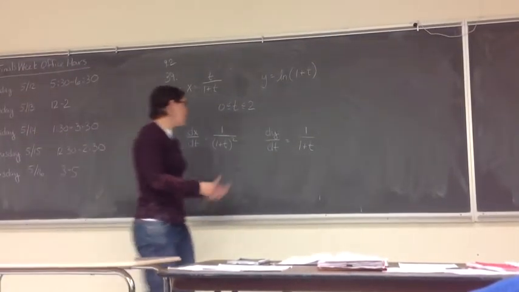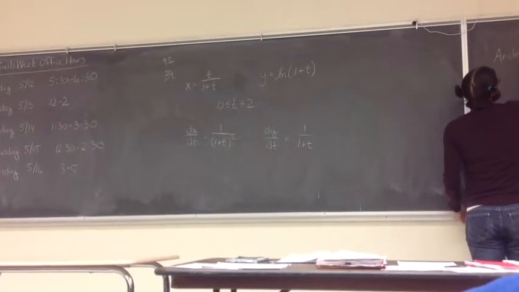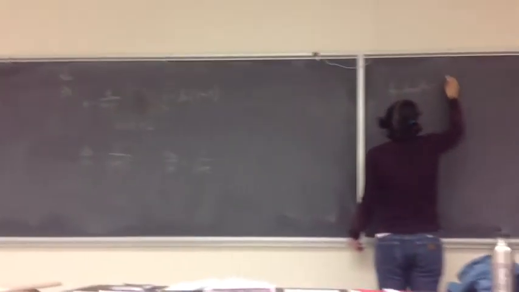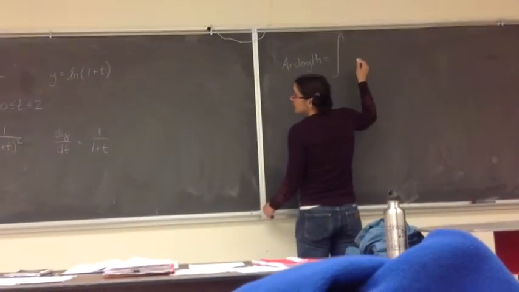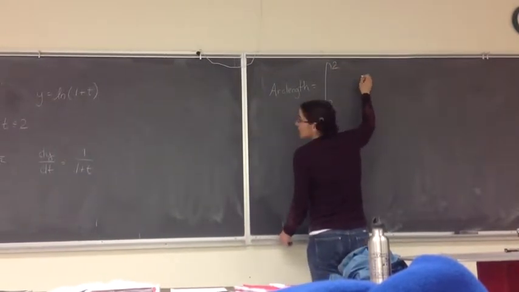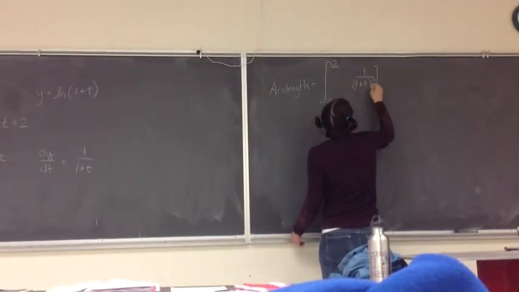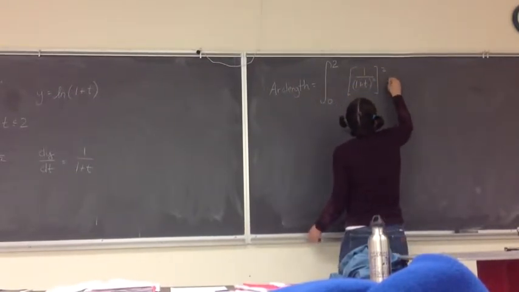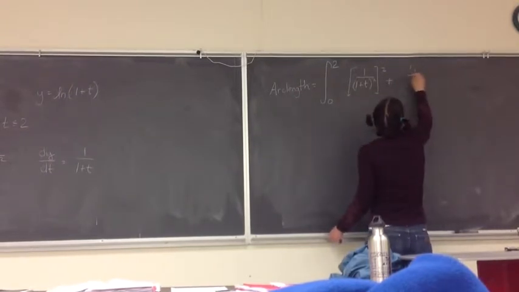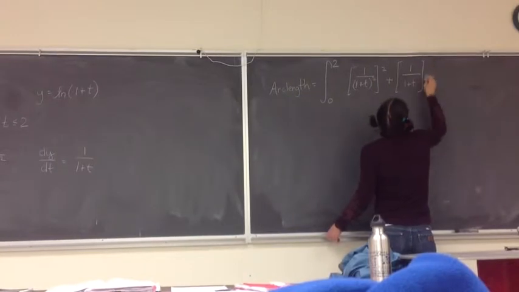Alright, so these are my derivatives, so my arc length is going to be the integral from a to b, which is from 0 to 2, of the square root of 1 over (1 plus t) squared, plus 1 over 1 plus t, the whole fraction squared.